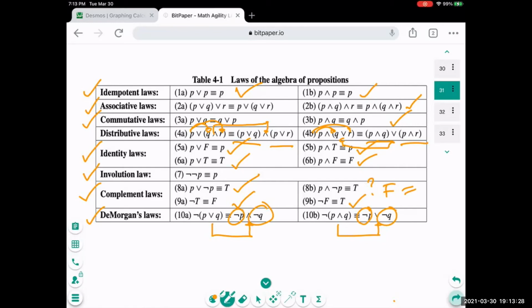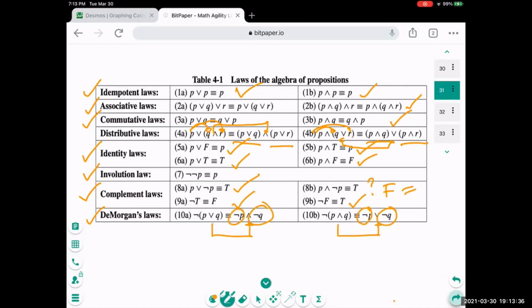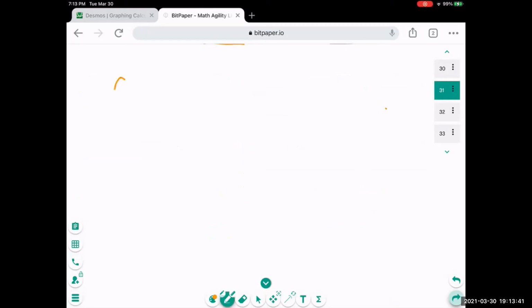Okay, so the last part would be the conditional and biconditional statements. So, conditional statements.